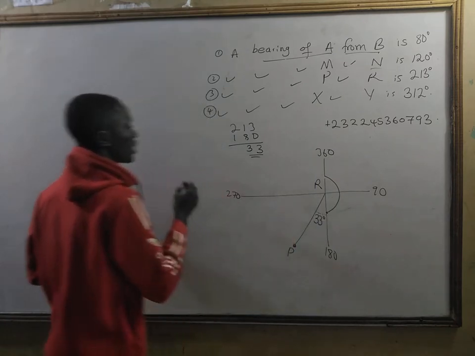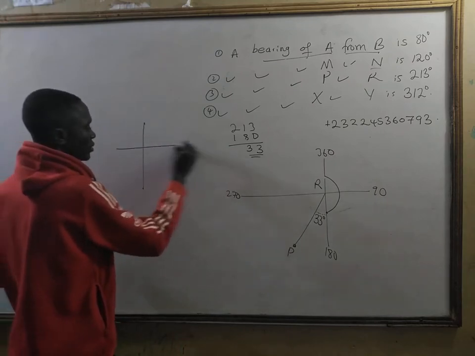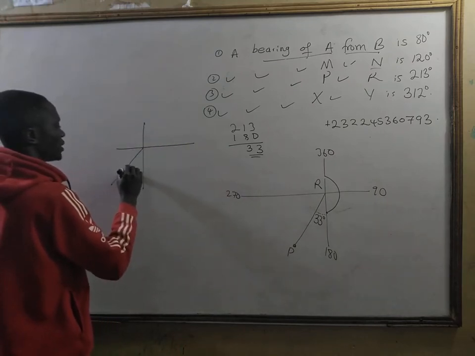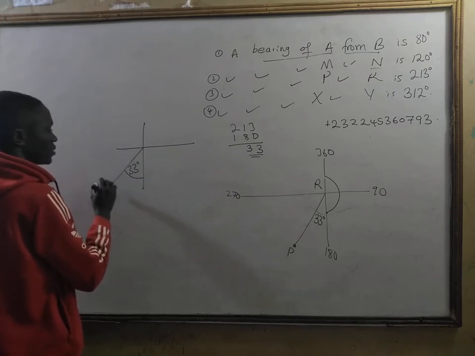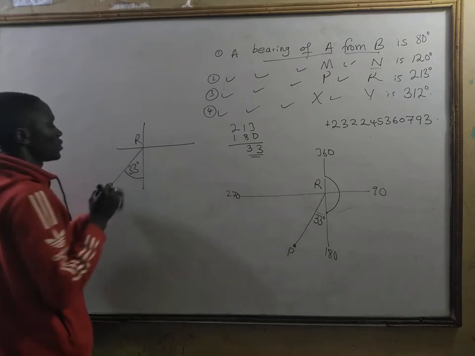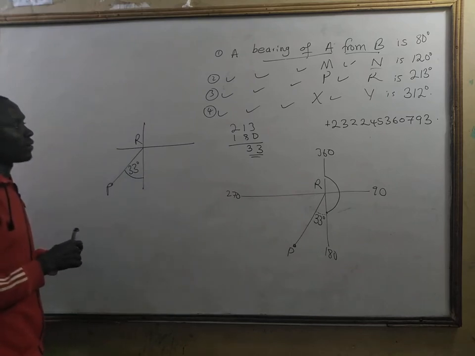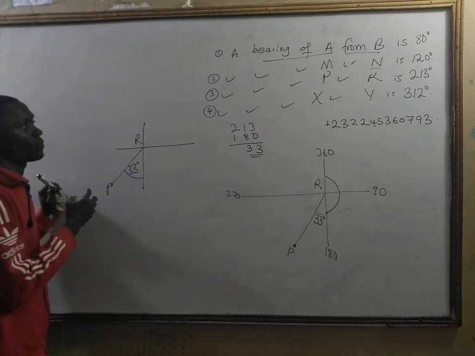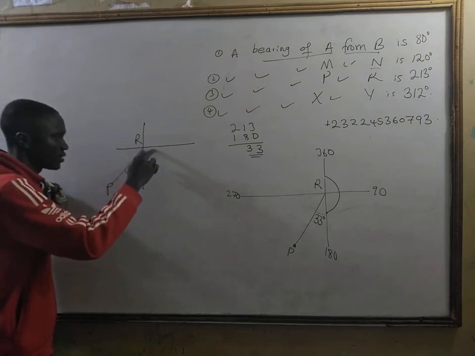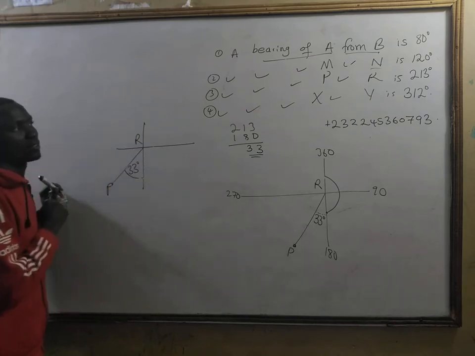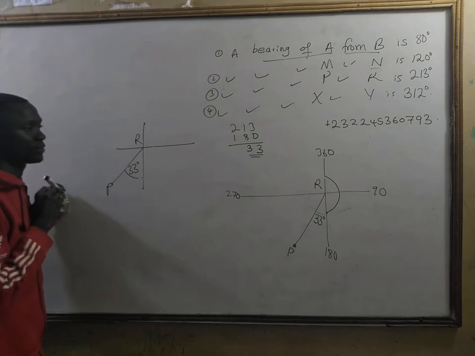So we can draw this one as, and then put 33 degrees here. And this is our P, and this is our R. So this shows that the bearing of P from R is 213 degrees.